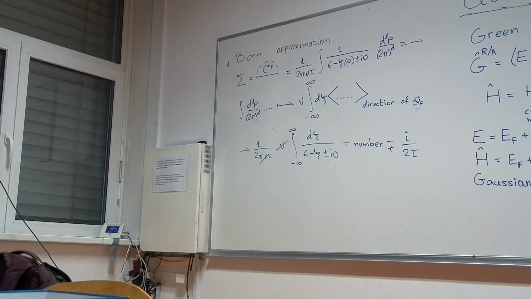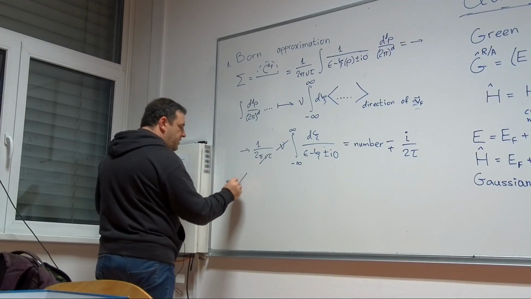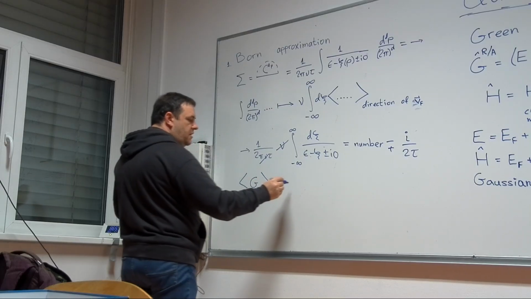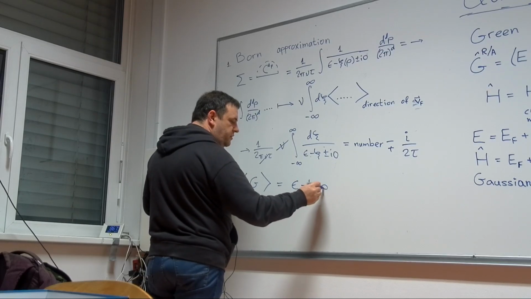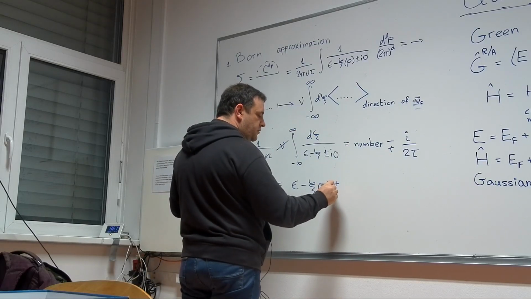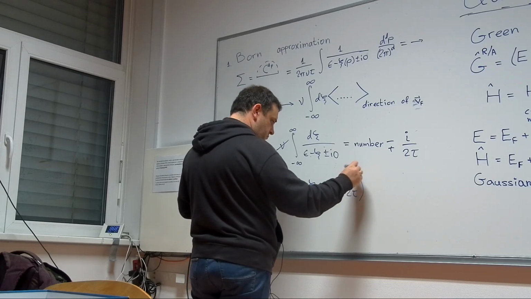So, to finalize this part, the average Green function is epsilon minus psi of p, and then I put sigma here, so it's plus or minus i divided by 2 tau, inverse.